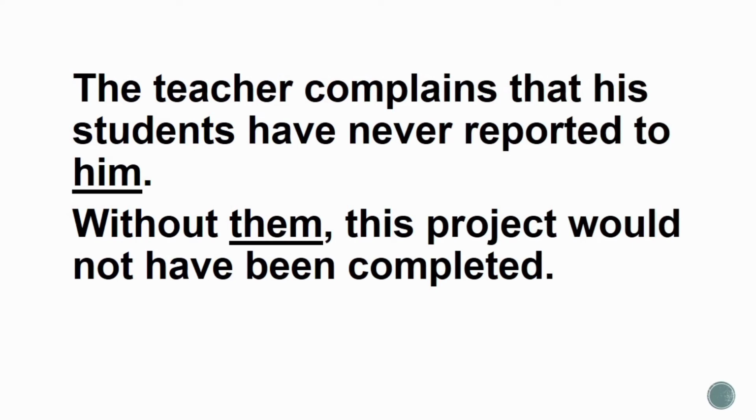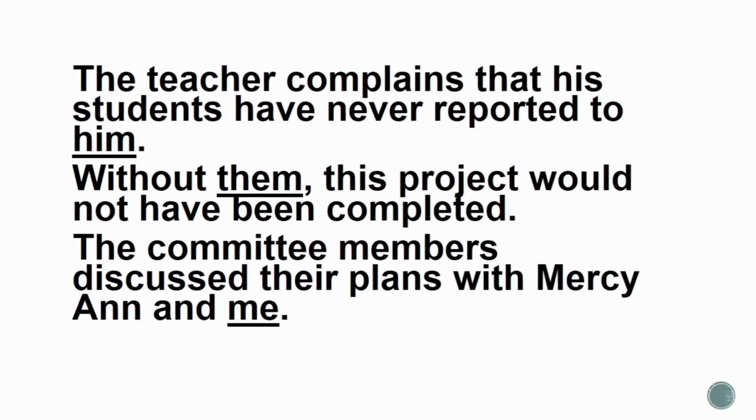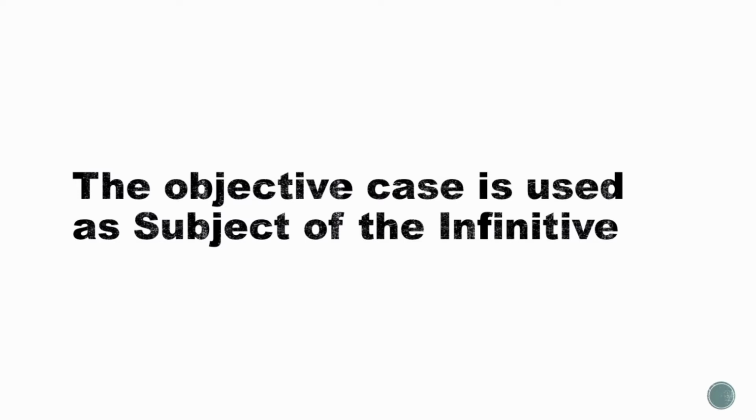Our pronoun them is the object of the preposition without. And then the last example, the committee members discussed their plans with Mercy, Anne, and me. Pronoun me, still the object of the preposition with. Next use of the pronoun in the objective case is as subject of the infinitive.